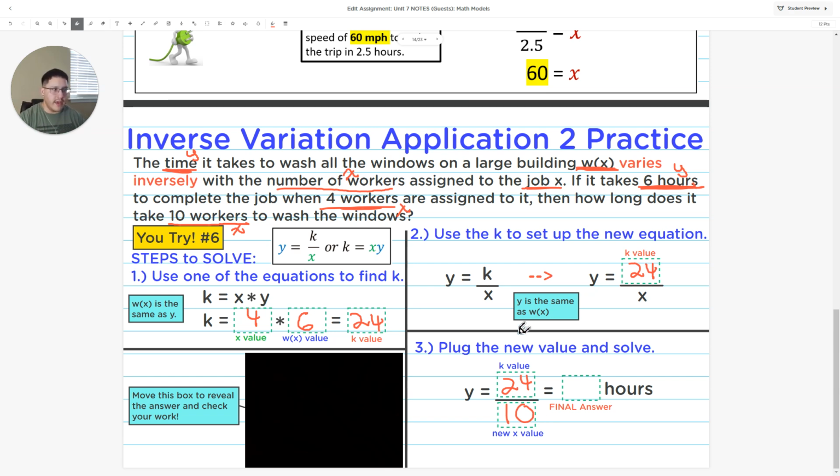So that's why we're using this and not, for example, 24 equals 10y. You can still use that and then divide by 10 on both sides, and you're still going to end up with the same answer. But using the fraction version saves us that extra step. 24 divided by 10 should be 2.4 hours.